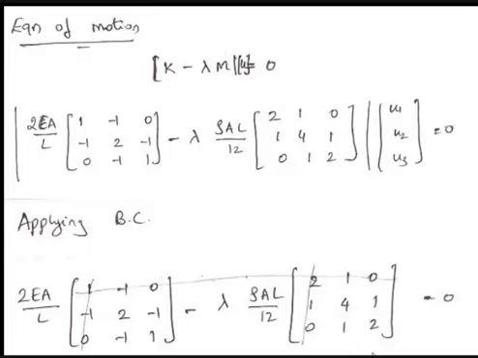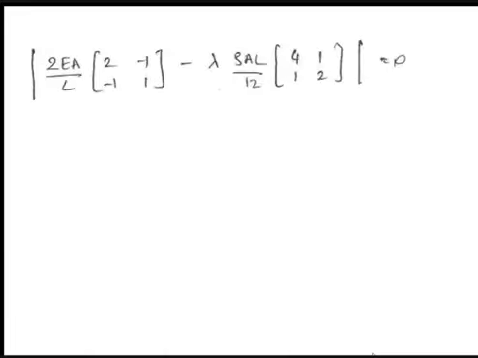I am remaining with 2 cross 2 matrices, that is 2EA by L, 2 minus 1, minus 1, 1, minus lambda rho AL by 12, 4, 1, 1, 2 is equal to 0.